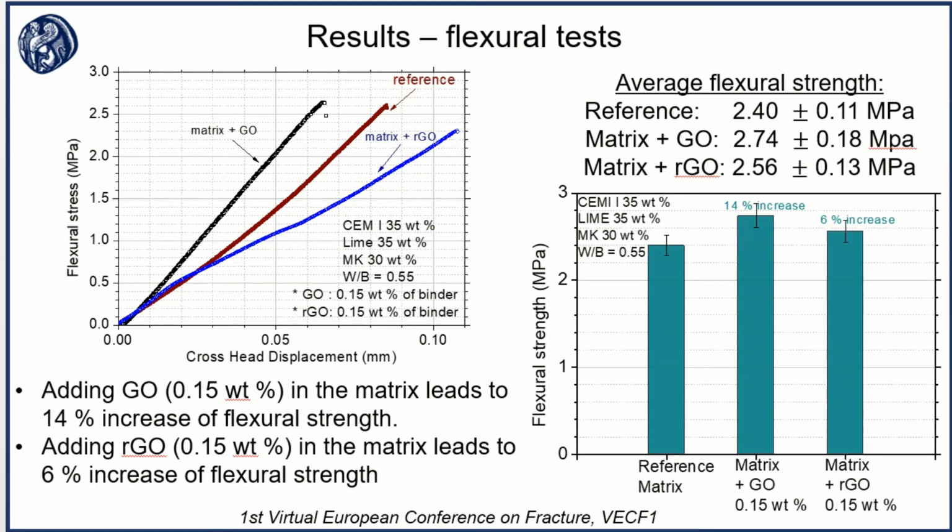The matrix with GO was 2.44 with a standard deviation of 0.18 megapascal. The average flexural strength for the matrix with RGO was 2.56 with a standard deviation of 0.13 megapascal. The results are summarized in the right figure, where a 14% increase of the flexural strength is noted for adding the GO, while a 6% increase was noticed by adding RGO.